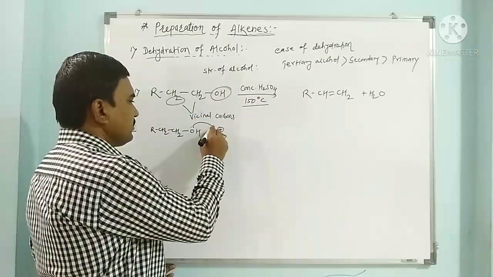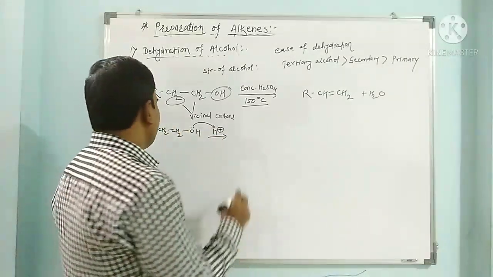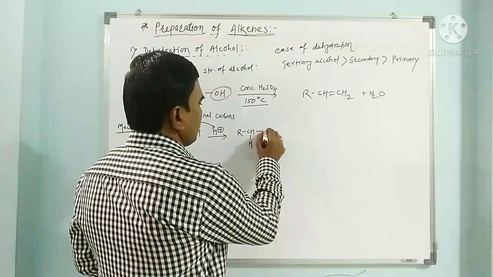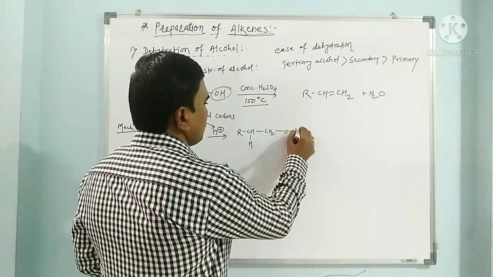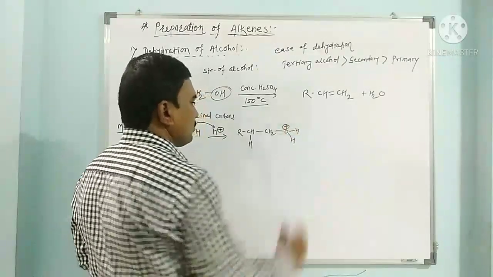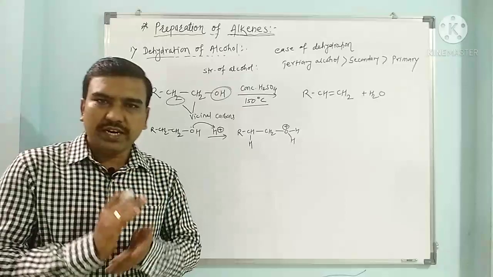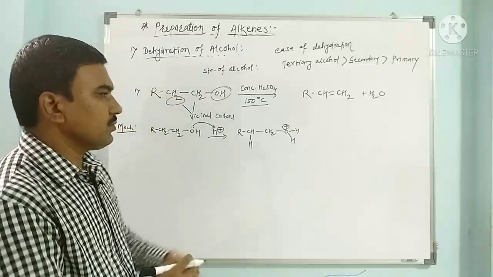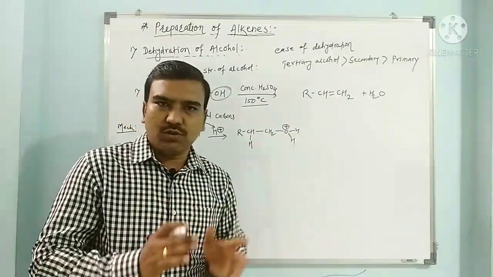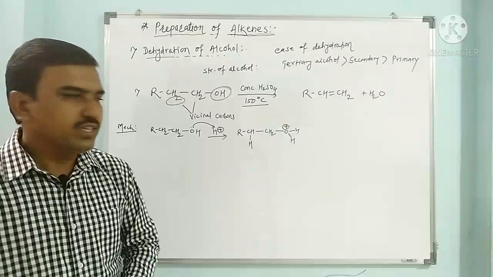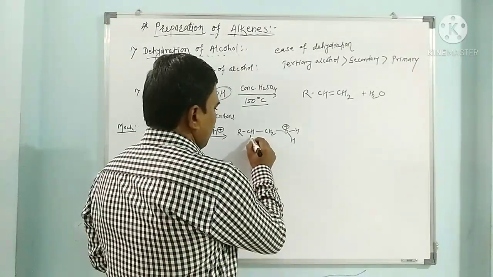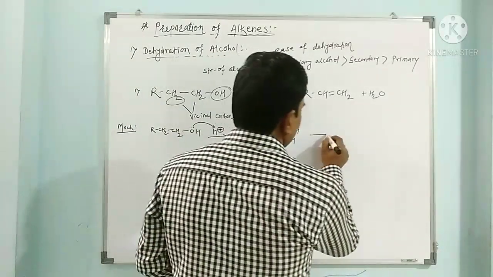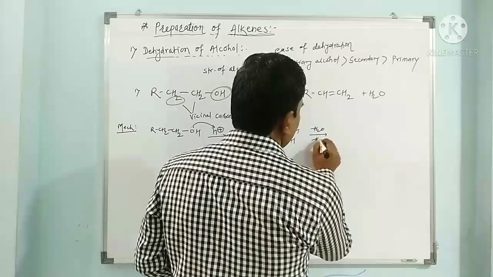So the lone pair attacks the proton, and we get the protonated alcohol RCH2CH2OH2+. Actually the OH group is a bad leaving group, but when it is protonated it is a very good leaving group. When it is protonated it becomes water, and water can be easily released from the carbon. So this dehydration takes place, minus H2O, minus H+.